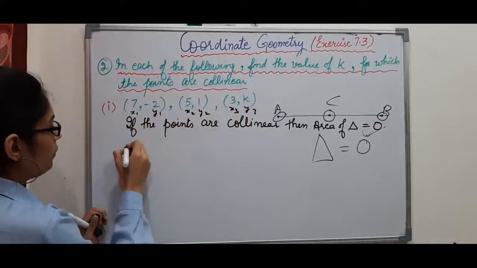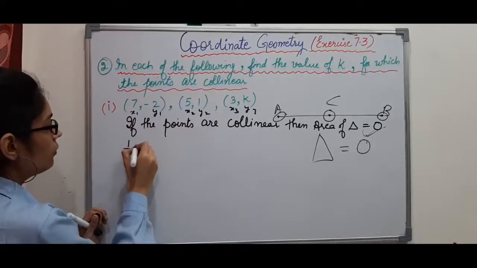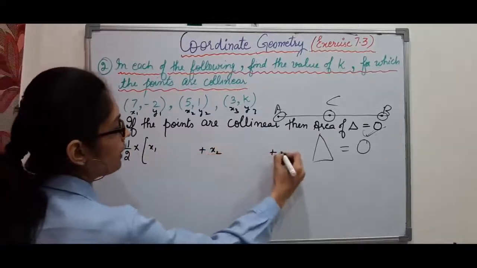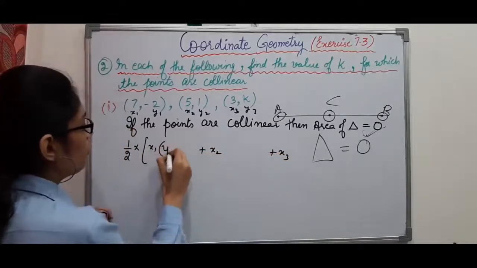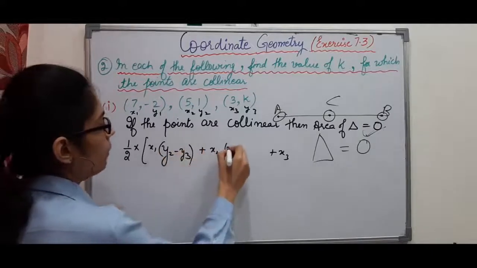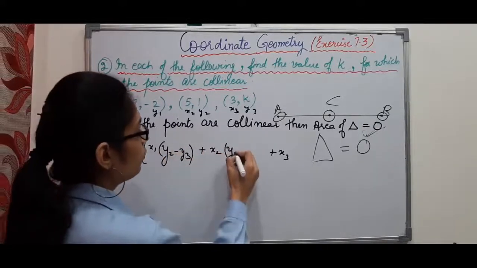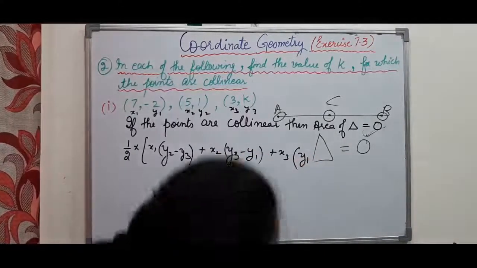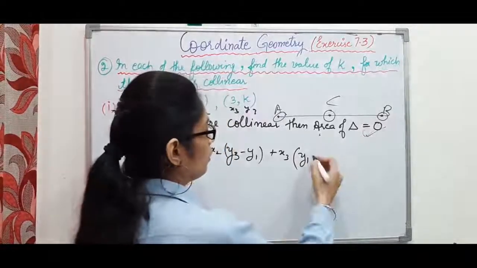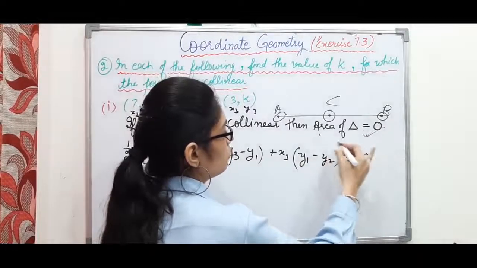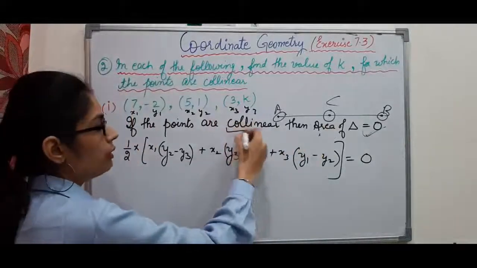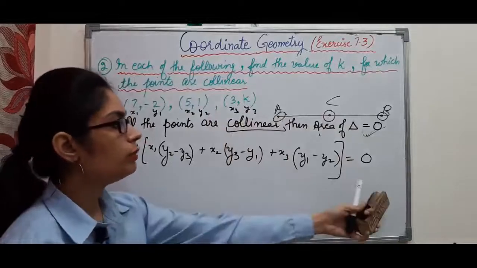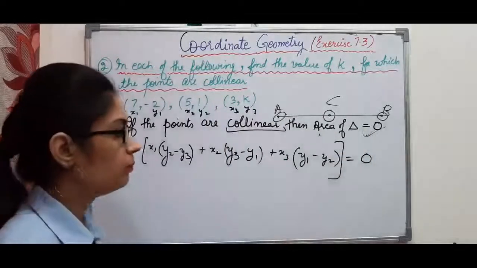So area of triangle is half into x1 times (y2 minus y3) plus x2 times (y3 minus y1) plus x3 times (y1 minus y2), equals 0. That's what we have written: if the points are collinear, they lie on a single line, then the area of the triangle will be 0, because there will not be any triangle.